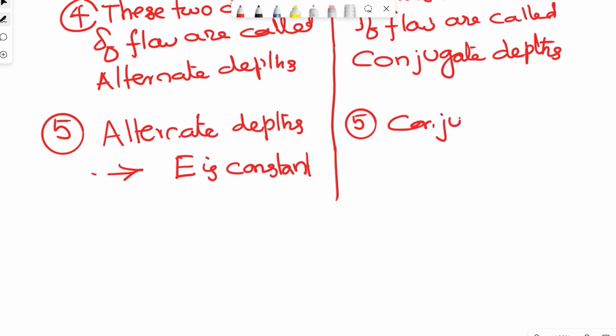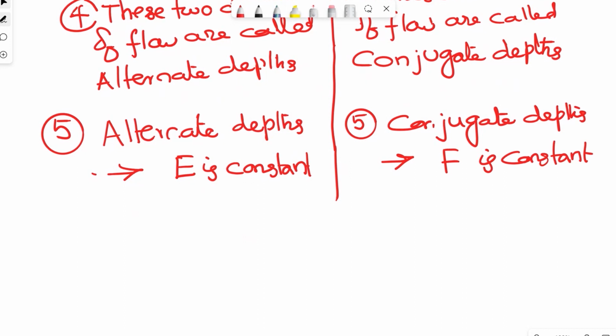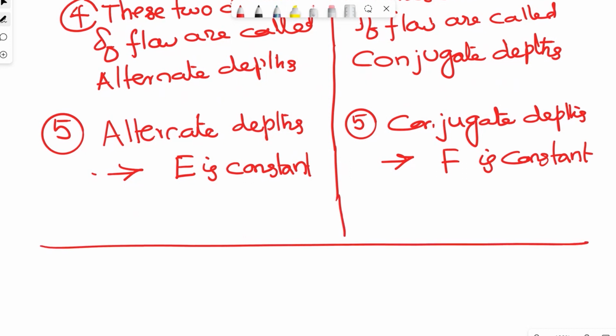Conjugate depths means F is constant. So these are all the important points which I want you to stress upon.